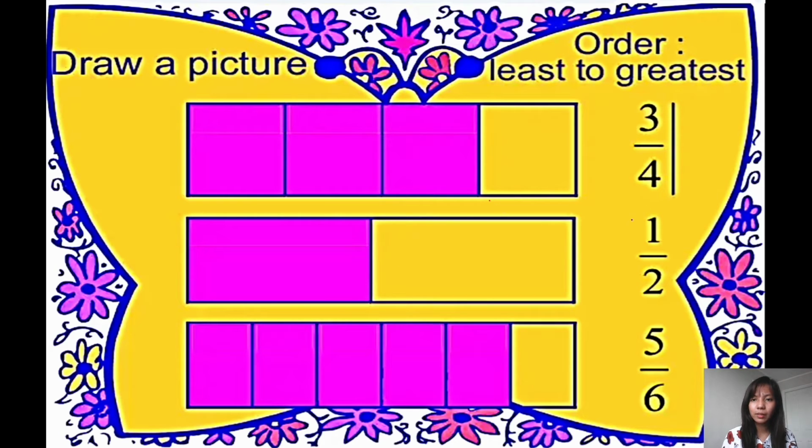So this is the very least, 1/2. Then next is 3/4 and 5/6. Which one? So 3/4. And the next is the greatest, the very big fraction, 5 over 6.